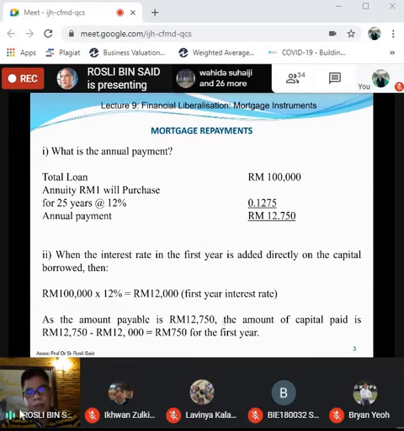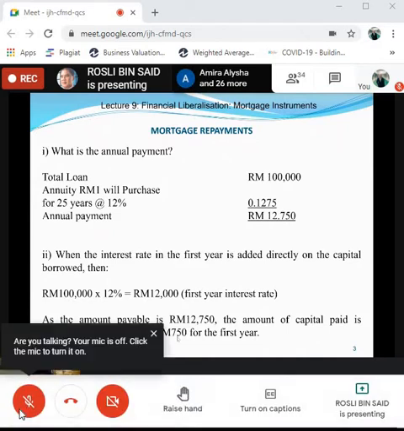As the amount payable is 12,750, the capital paid is 12,750 minus 12,000 interest, so the balance 750 is for paying the outstanding capital in the first year.